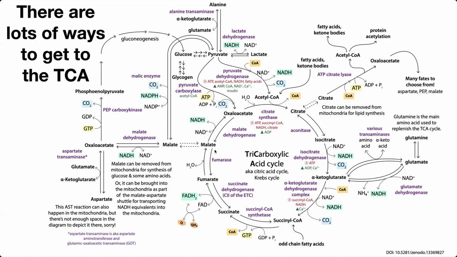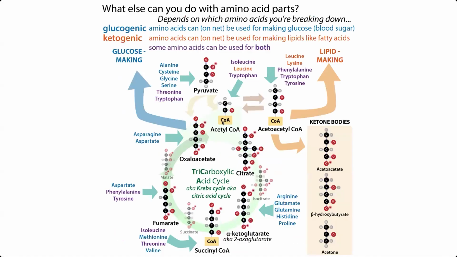And so we often call compounds that are anaplerotic to the citric acid cycle glucogenic, because we could take malate out to go make glucose, and those anaplerotic reactions are then going to be able to replenish it. And so this is why you might see something like glucogenic versus ketogenic when talking about amino acids. The amino acids whose skeletons can be broken down into something that is in the citric acid cycle or to pyruvate, we call those glucogenic.